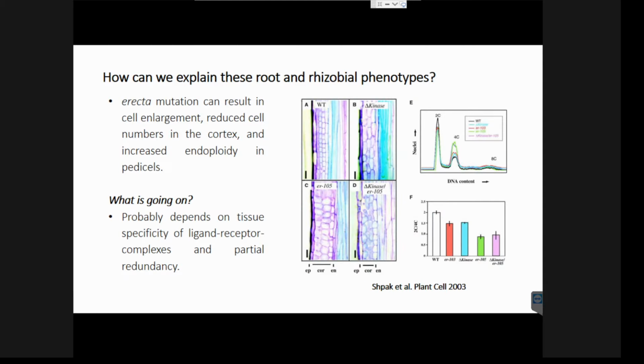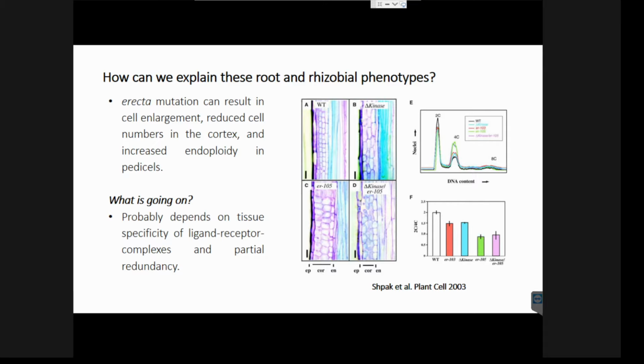But going back to this ERECTA issue, ERECTA mutations can result in cell enlargement in cortex, but this here is in Arabidopsis above ground tissue, right? So you see wild type, and here you see erecta, and you see larger cells.